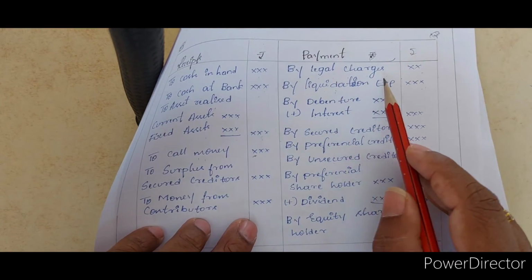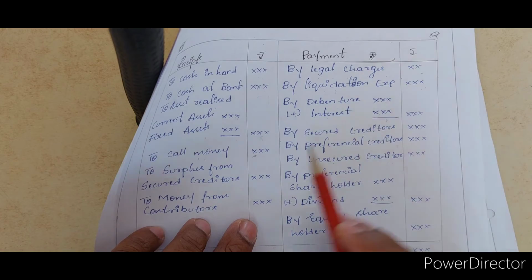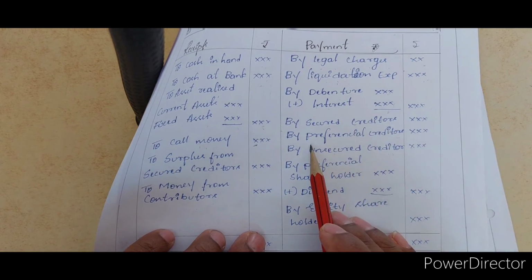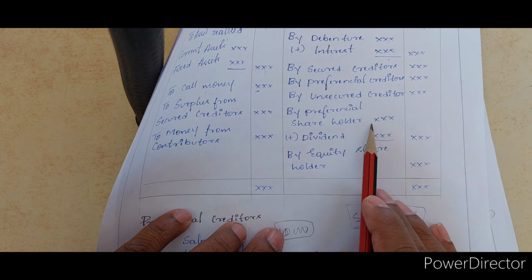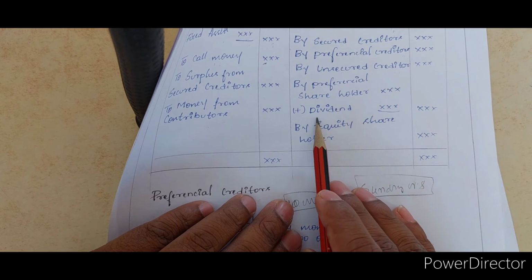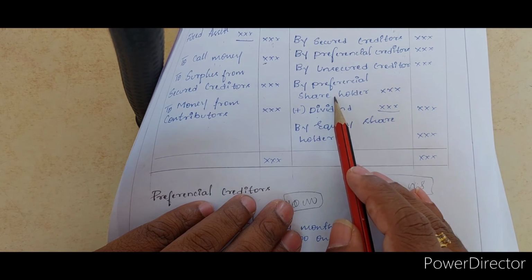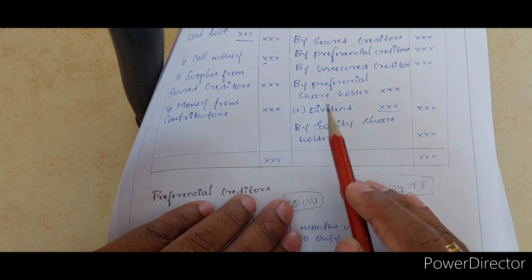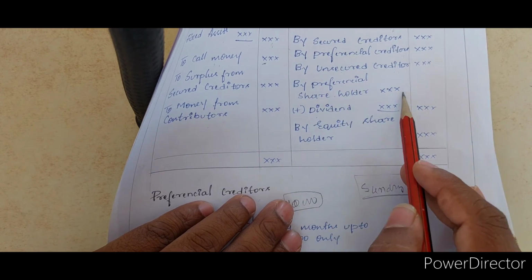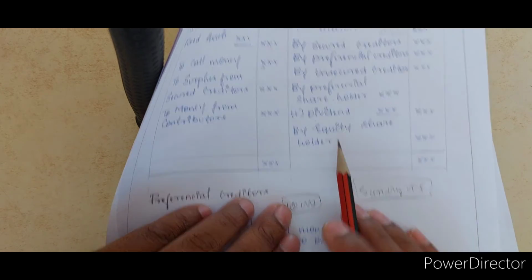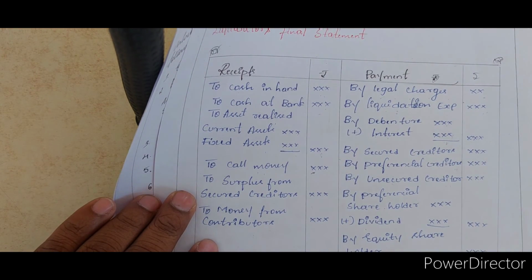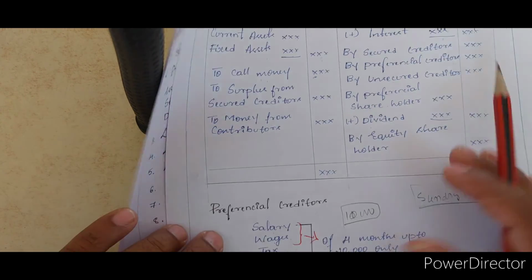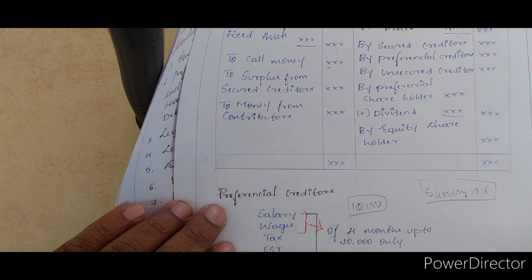First legal charges, liquidation expenses, debenture interest, secured creditors, preferential creditors, unsecured creditors, then preferential shareholders, plus dividend. If there is any dividend, that is to be added to the preferential shareholders. Then equity shareholders. Dear students, this is the proforma, the pattern that you need to keep in your mind. Unless you keep this in mind, it is not possible to solve the problem.